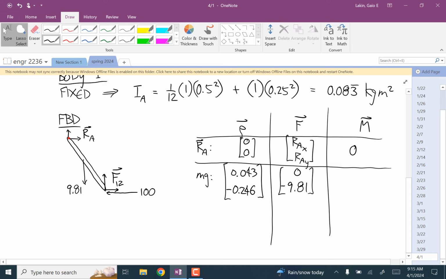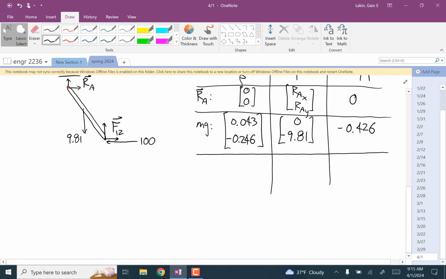So the cross product is negative 0.426. And then the force F12.